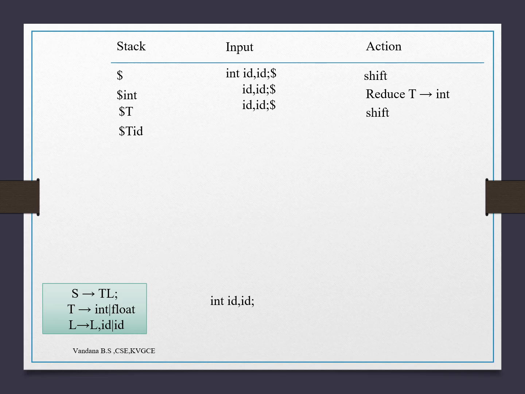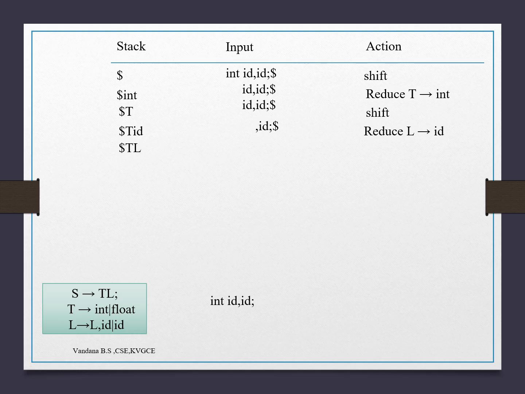Is ID a handle? Of course, ID is a handle, and it is replaced by L. That means ID is popped out, and in its place we push L.